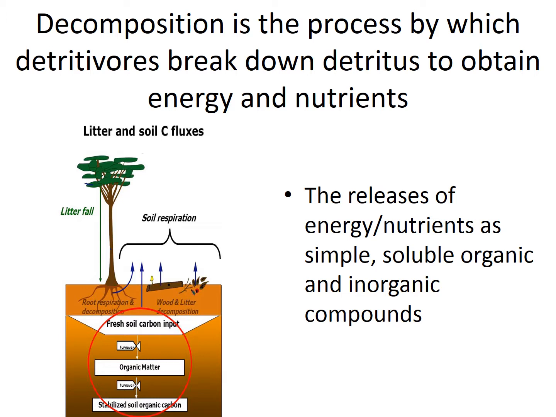Now that I've talked about herbivory and turnover rates, there's decomposition. Decomposition is the process by which detritivores break down detritus to obtain energy and nutrients. So basically, this is just the release of energy and nutrients as simple, soluble organic and inorganic compounds that can be taken up by other organisms and used.